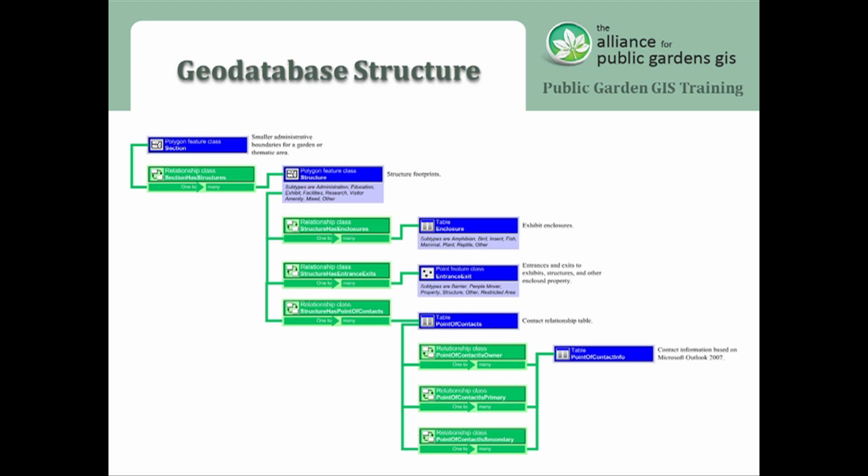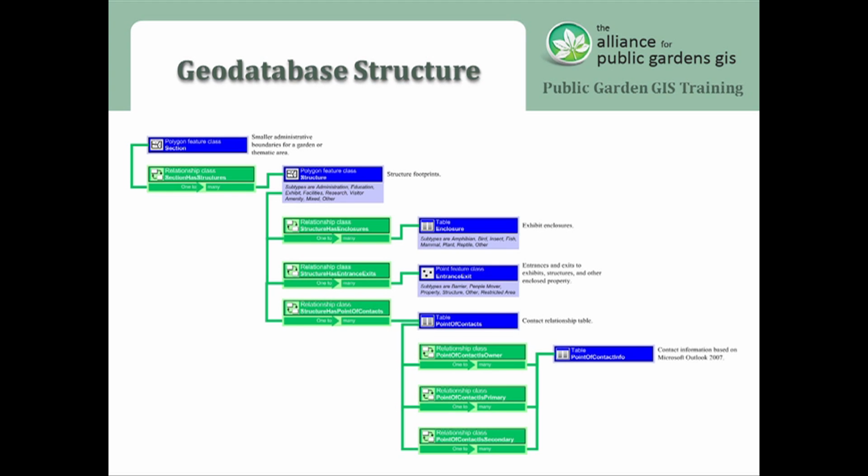In this case, we have structure has enclosures as the next relationship under it. That means a structure may have one or many or none animal enclosures associated with it. In the case of a zoo, if it's an exhibit building, that's an exhibit subtype from the structure feature class, it may have multiple enclosures for each one of those animals in there.